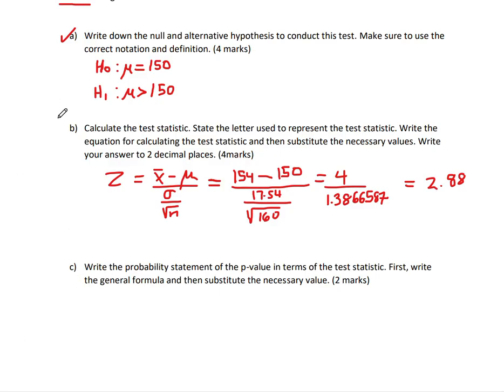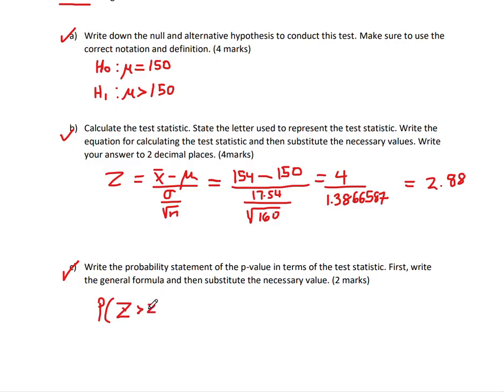Good. So we've taken care of A and B, and now C says we should write a probability statement of the p-value in terms of the test statistic, and first write the general formula and then substitute the value as necessary. Because this is a one-tail test, in fact a right-tail test, the general formula would be the probability that large Z is greater than small z.